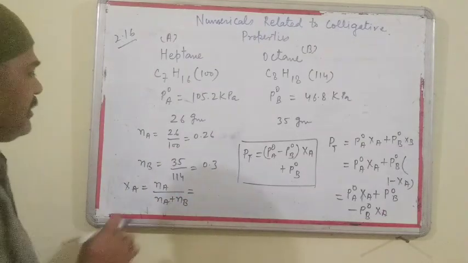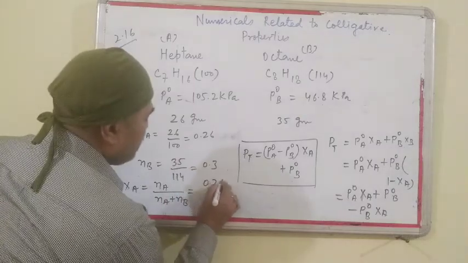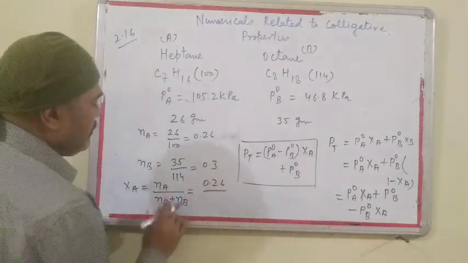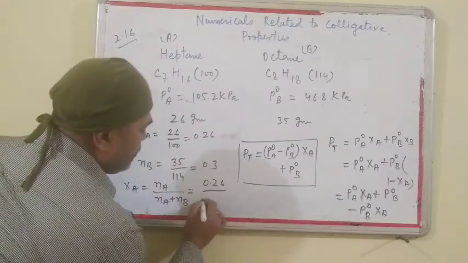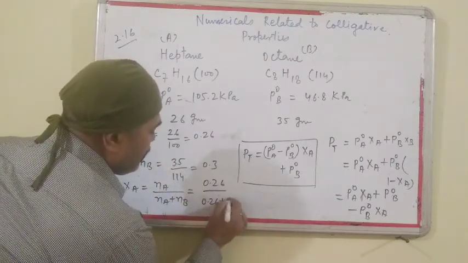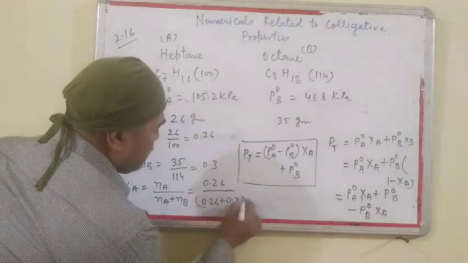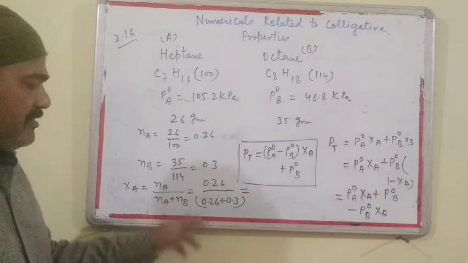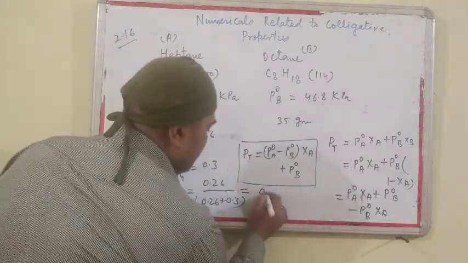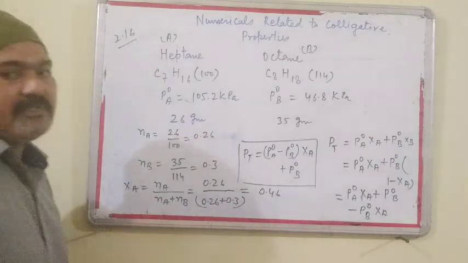Clear? NA is 0.26 divided by 0.26 plus 0.3, and after calculating we get about 0.46.